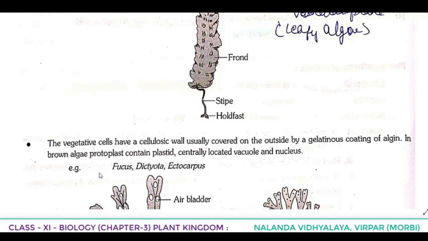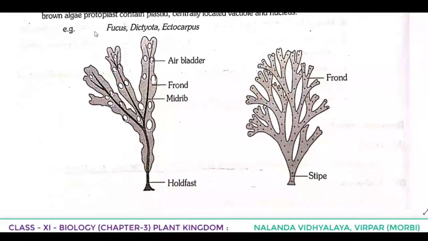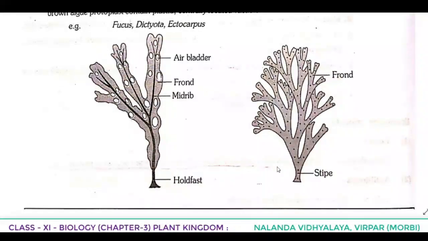The vegetative cells have a cellulosic wall usually covered on the outside by a gelatinous coating of algin. In brown algae, the protoplast contains plastids, a centrally located vacuole and nucleus. You can see the structure of these plant bodies. Holdfast is there, stipe is there, frond is there, and here also you can see all the parts.